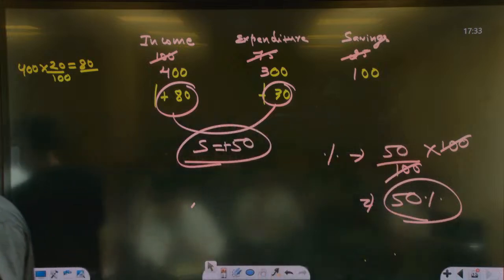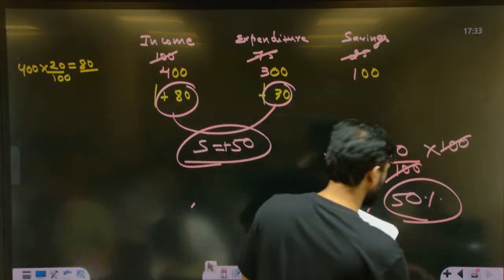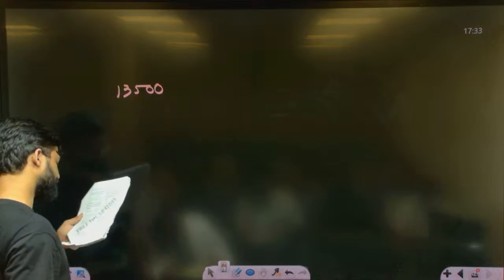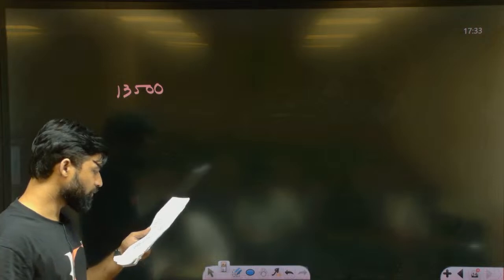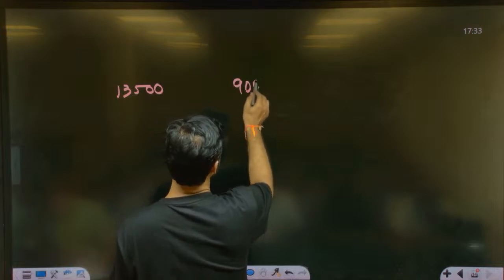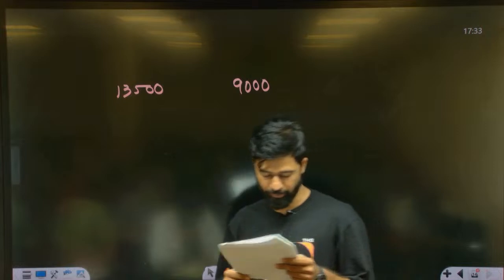Write the next question. The monthly income of a person is 13,500 rupees, and his monthly expenditures are 9,000 rupees.